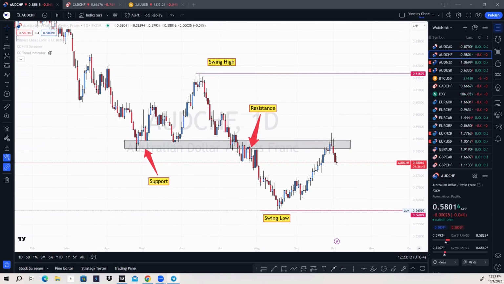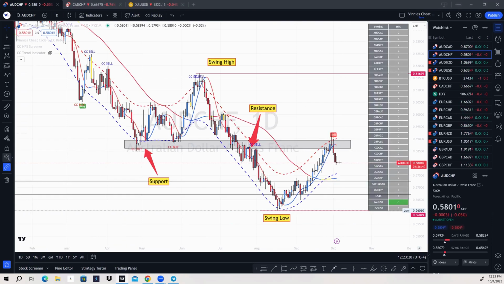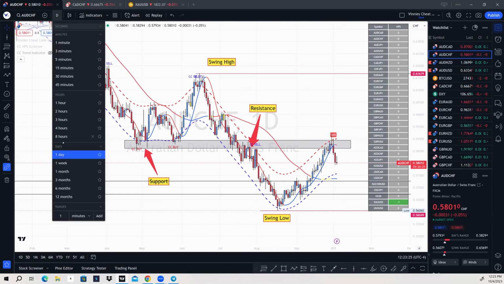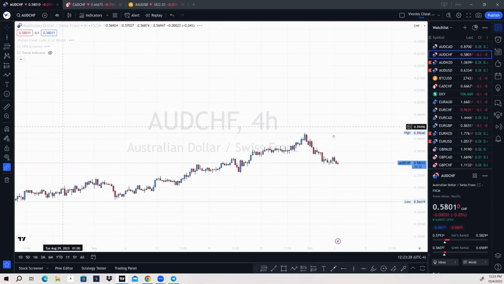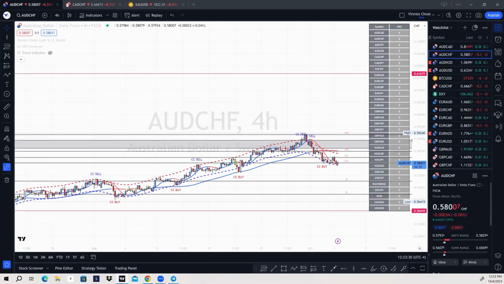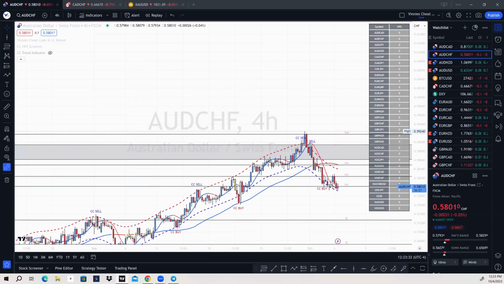Overall trend is bearish. As you guys can see, price is rejecting this area. Okay, so if I turn on the cheat code indicator, you guys are going to see a sell, which is a divergent sell. If you go down to the 4-hour time frame, you guys are going to see a CC sell. Okay, so let me go ahead and show you this testimony.